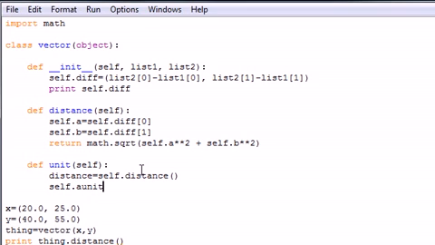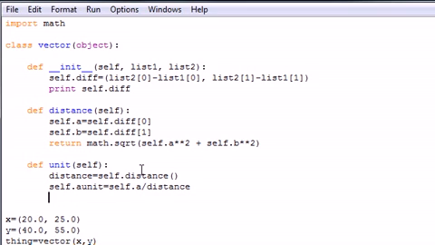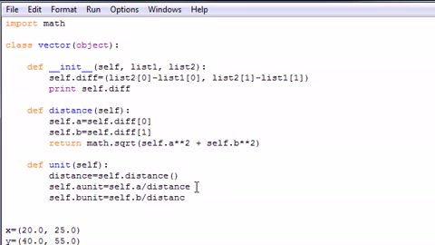A unit, which is going to be the new A side, and we'll set this equal to, remember I told you guys the formula, side A over distance. So now we divided A by distance, and it gave us that new variable A unit. Now we have to do that for B. Self B unit, which is that side B, over distance, which is the hypotenuse of that triangle.